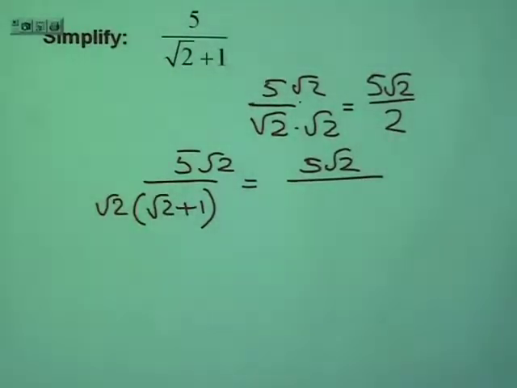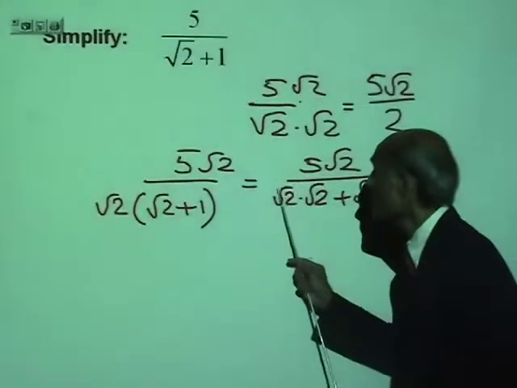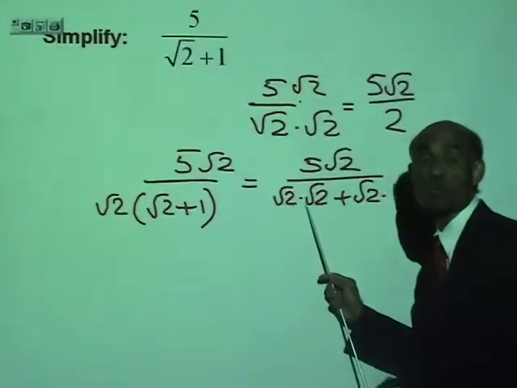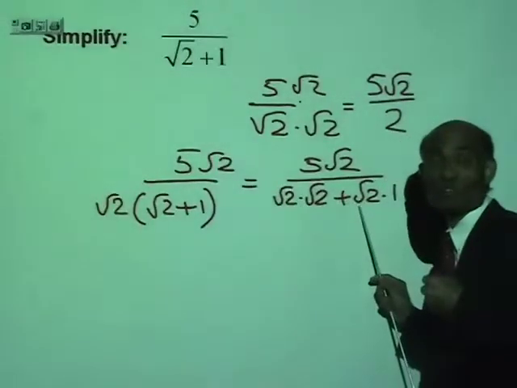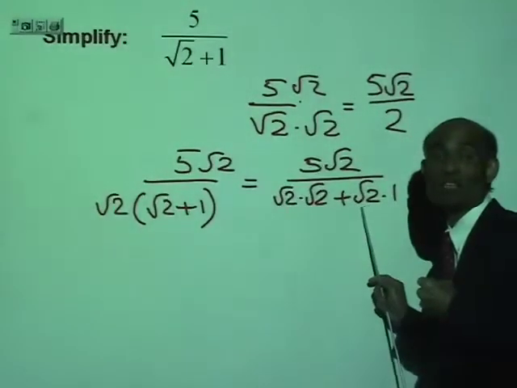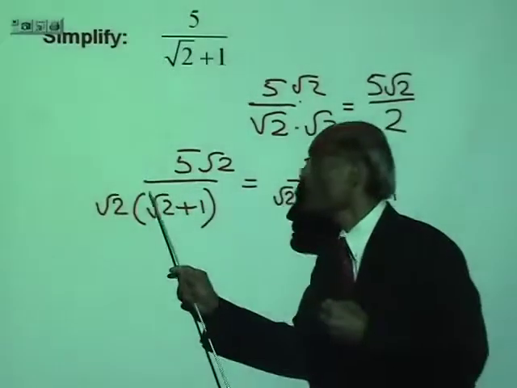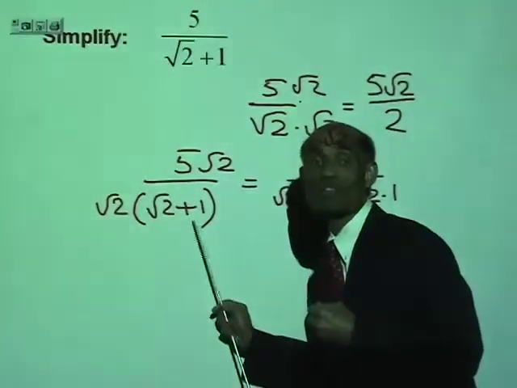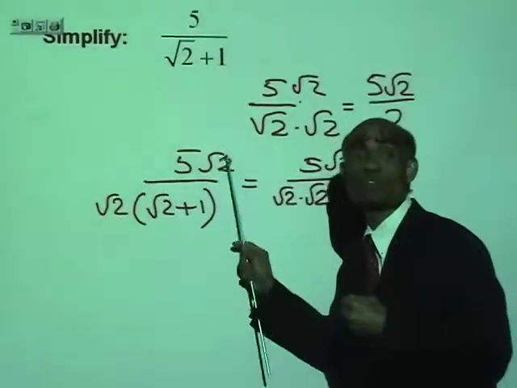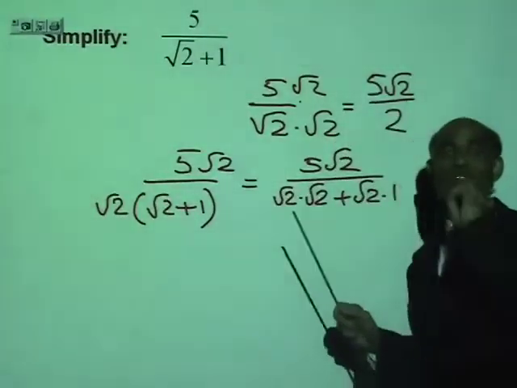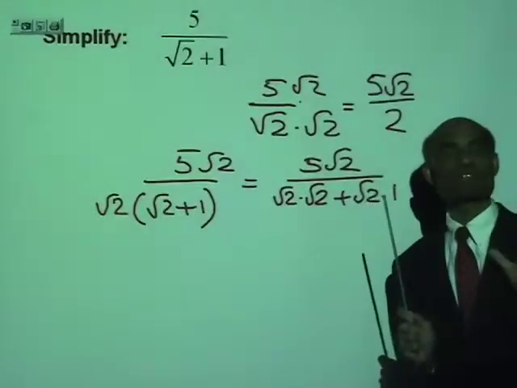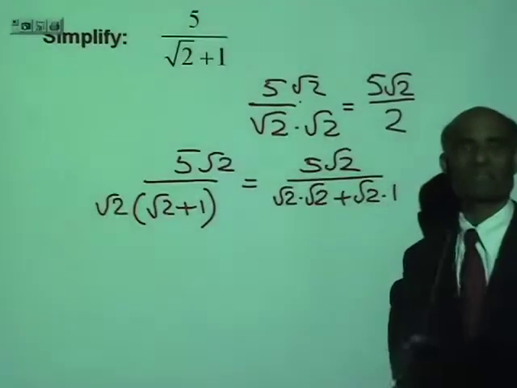So, you will get square root 2 multiplied by square root 2 plus square root 2 multiplied by 1. You notice that here this becomes a 2, the radical goes away, but this now becomes a radical expression. That means multiplying the denominator and numerator by square root 2 will not eliminate the radical from the denominator.